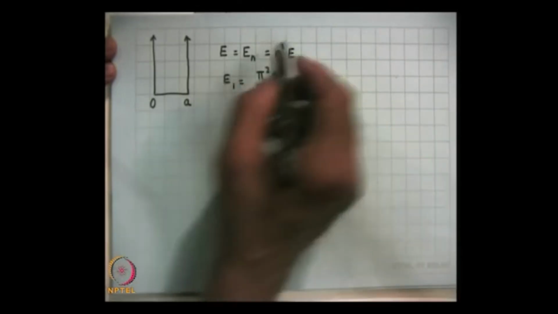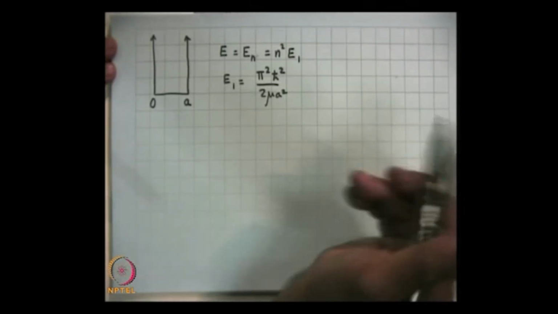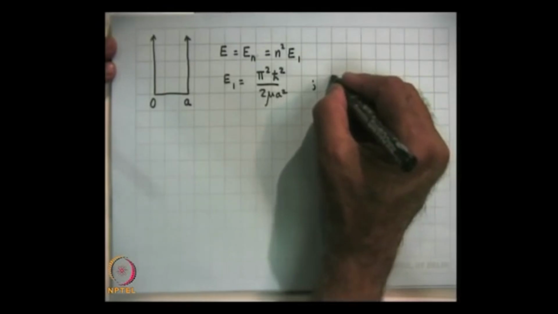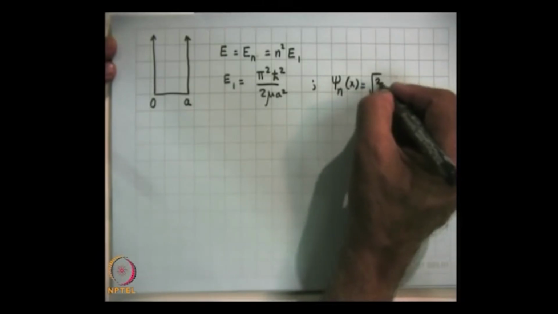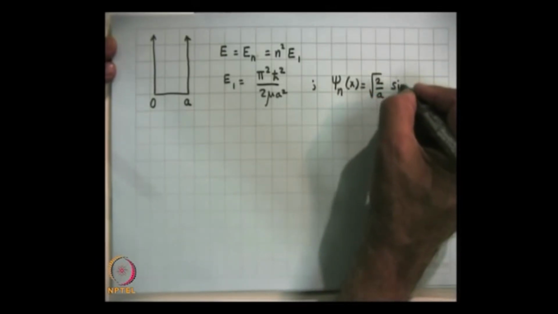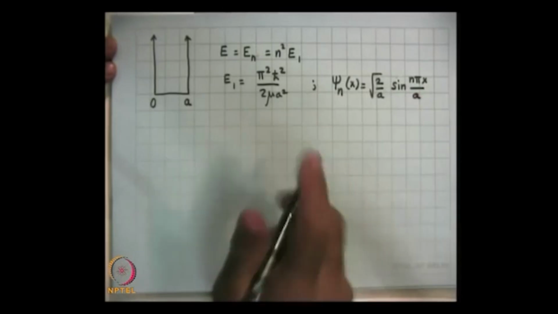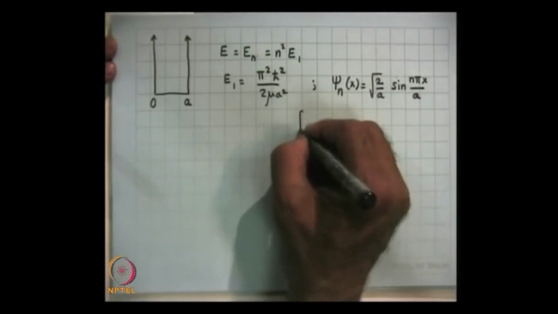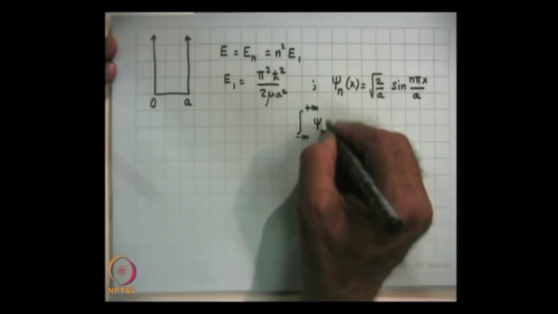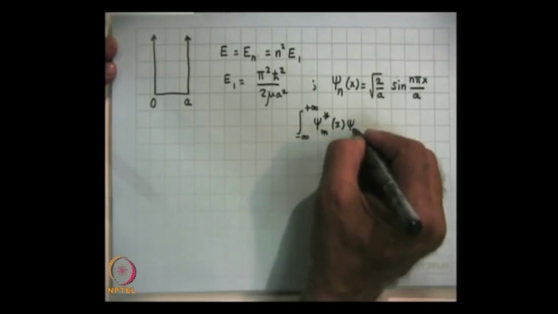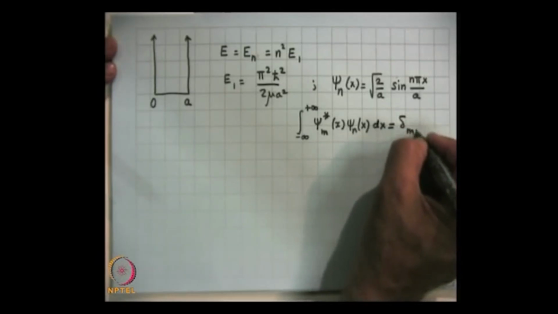These are the eigenvalues, and as you can see, all eigenvalues are real. We had also derived that the normalized wave functions are given by the square root of 2 by a times sine of n pi x by a. And if you use this, you can immediately show that psi m star of x psi n of x, if m and n are different, then it will be 0. So, this is equal to delta m n.